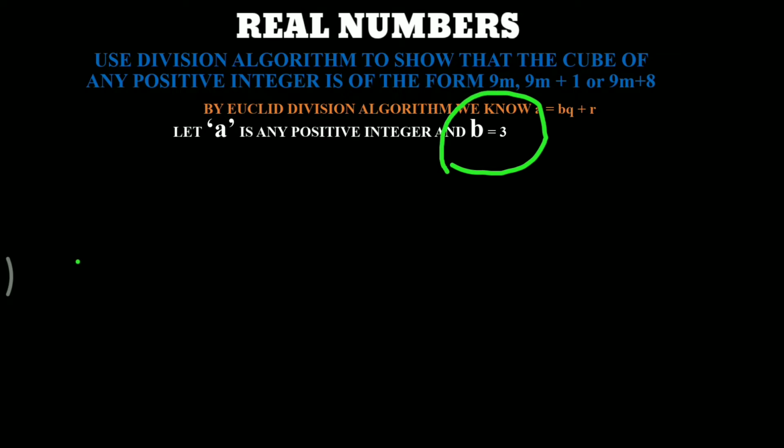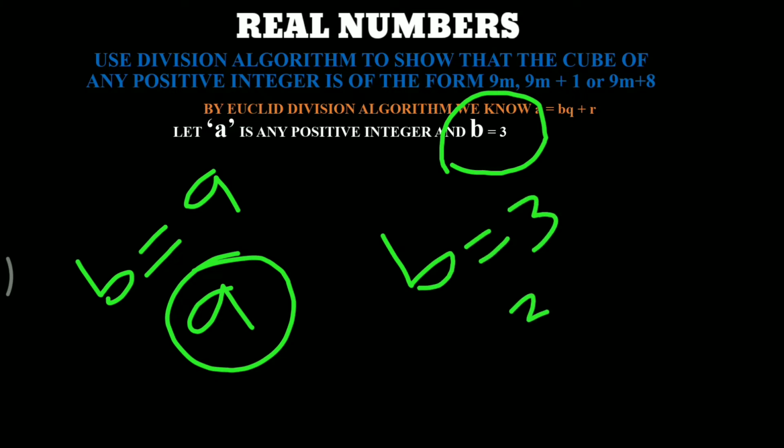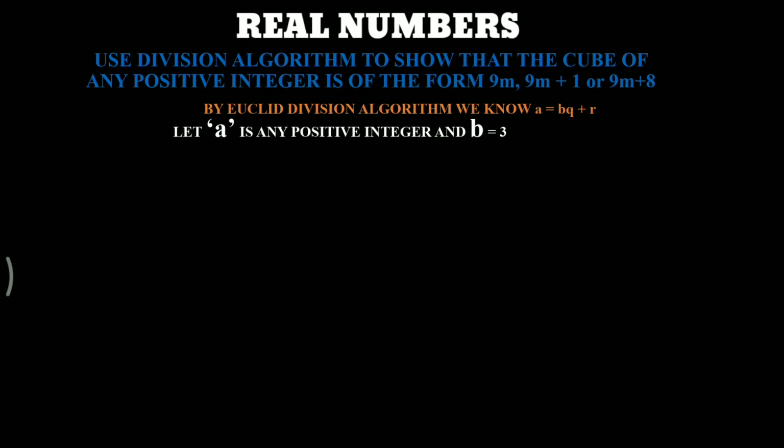If you take b equal to 9, you will get 9 different cases and you have to solve 9 different cases. But if you take b equal to 3, you will get 3 different cases to solve. Instead of solving 9 different cases, it is better to solve 3 different cases. That is the reason I am taking the value of b as 3.